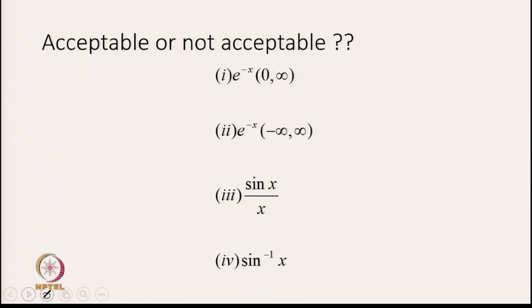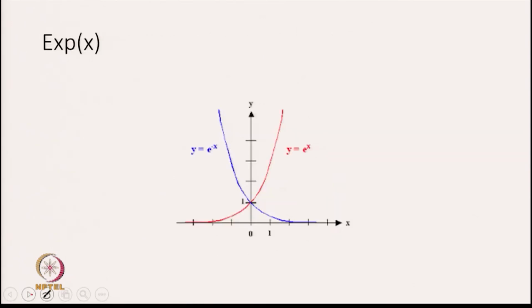Now, let us think about these 4 different kinds of functions: exponential minus x from 0 to infinity, exponential minus x from minus infinity to infinity, sin x by x, and sin inverse x. You can see the plot of exponential minus x as a function of x.